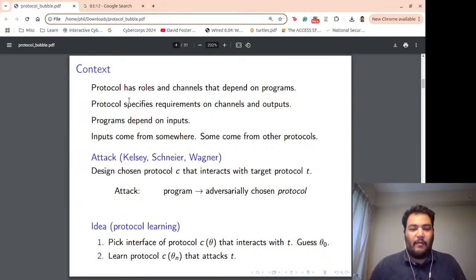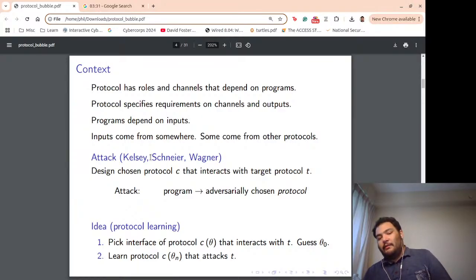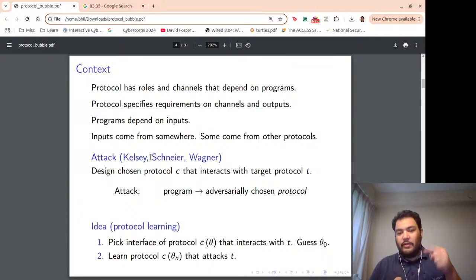And so that's the setup in this legendary paper by Kelsey, Schneier, and Wagner on protocol interactions and the chosen protocol attack. The idea in their paper is you want to attack one target protocol T, and so you're going to design a different chosen protocol C and induce the user to interact with this protocol with basically the same program that he's using in the other one.